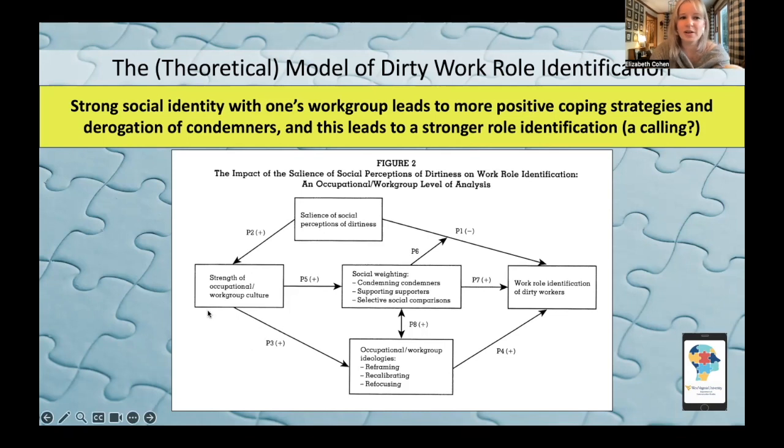And so you see down here, strength of occupational work group culture. I'm trying to make this connection to make this a little easier to understand. I hope I don't confuse it, and if so, just ignore what I'm saying, but a strong social identity with one's work group. So if I am, what would be a good stigmatizing job? If I'm a coal miner and I know that people look down on my work, right?